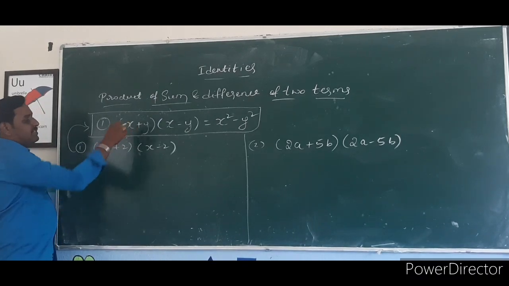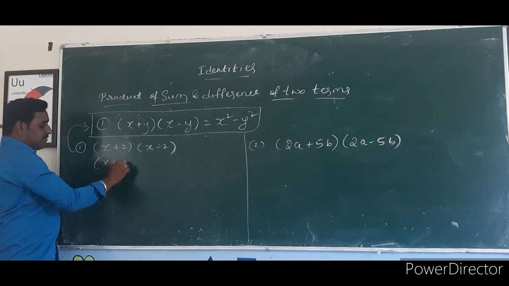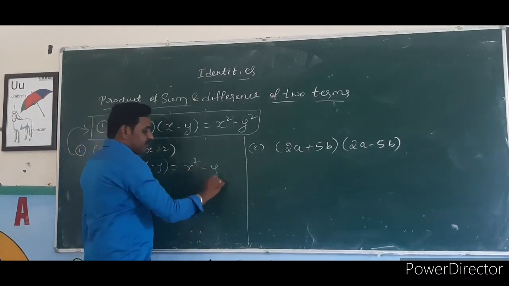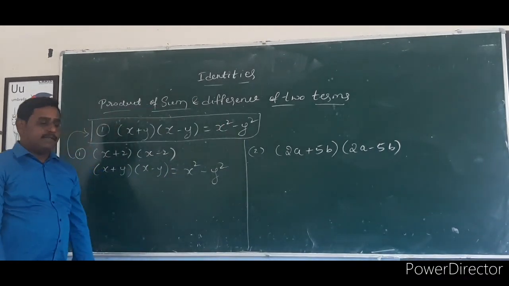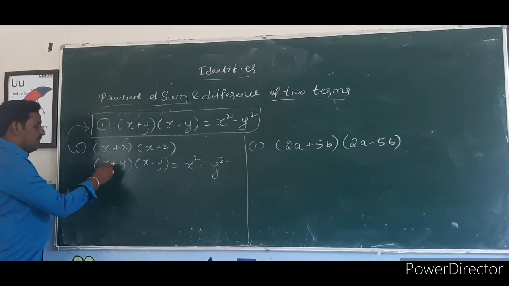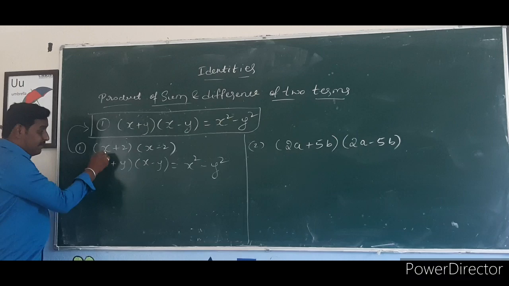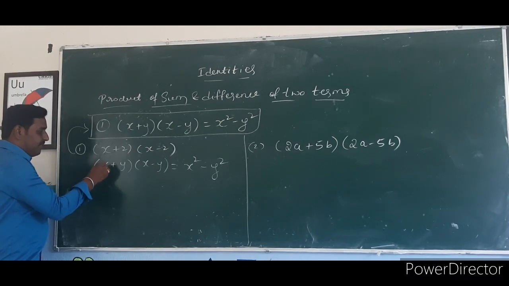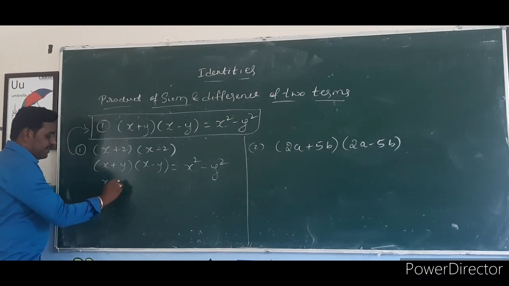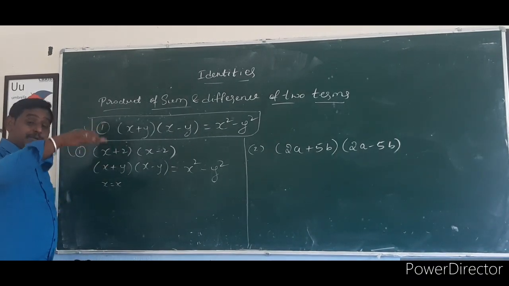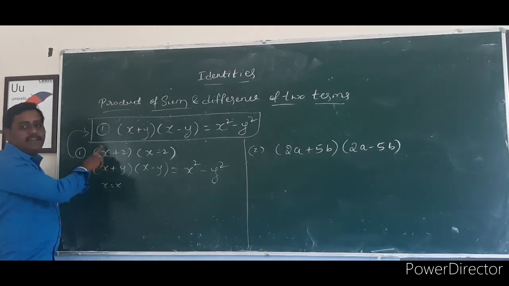So how to apply this formula? (x + y)(x - y) = x² - y². First you check the values. What is in the place of x? Compare. In the place of x only is given in the question. In case they are given m, n, p, q, any letter, you can replace that letter.